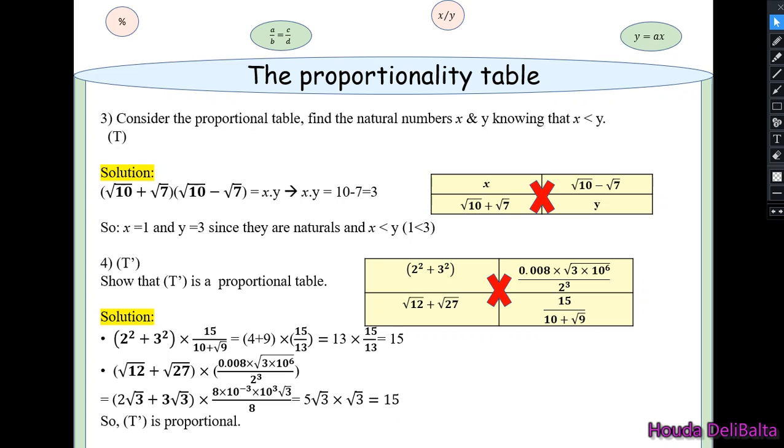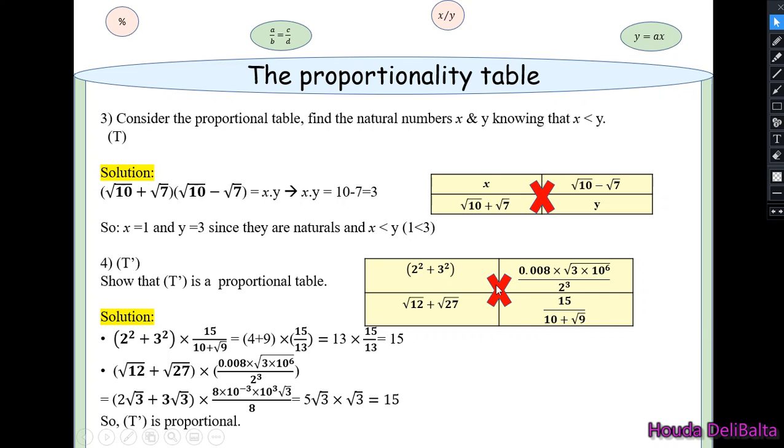So, proportionality tables have two kinds of questions to deal with. Either you have to find the missing values knowing that the table is proportional, or you have to show that the table is proportional. So, in all cases, you can either divide up by down, as in the previous examples, or you can cross multiply as in these examples.